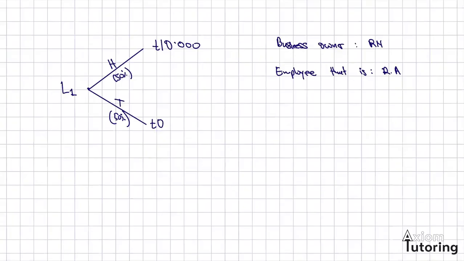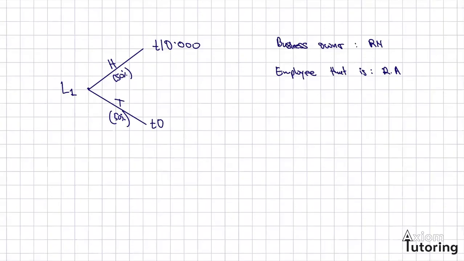You could tell the employee that sometimes I'm going to pay you some fraction of the 10,000 or the full 10,000, and sometimes I'm going to pay you zero. Let's say the employee does all the work and generates the revenue, but sometimes they get enough clients and get the 10,000, and sometimes they don't. Could I go to the employee and tell them I'm going to pay you a constant amount, whether you get these clients or not?